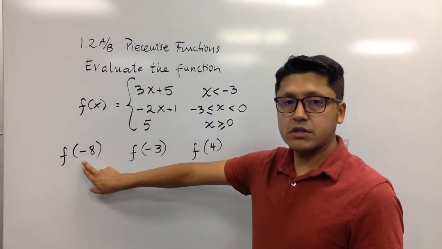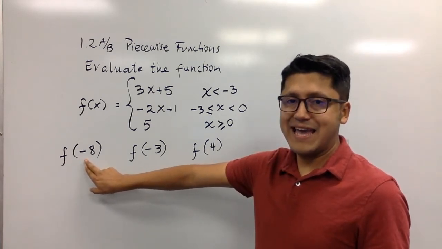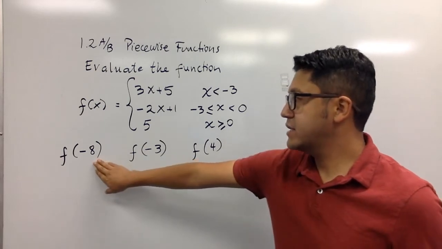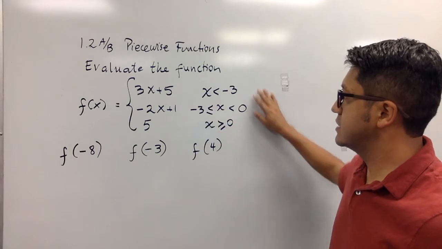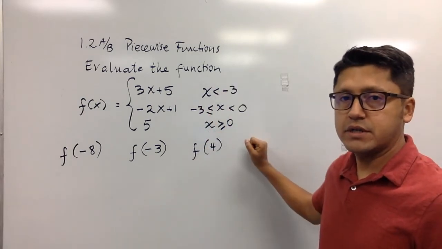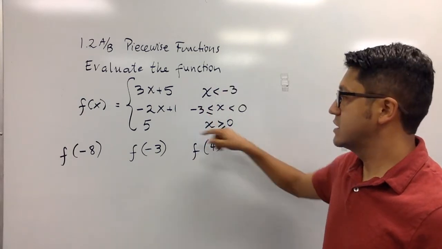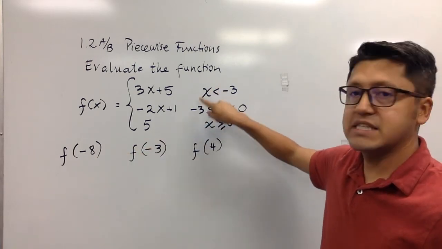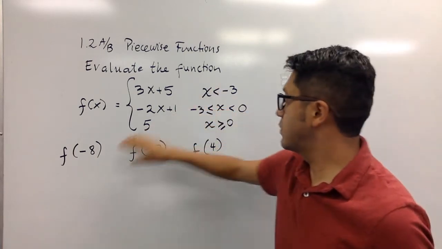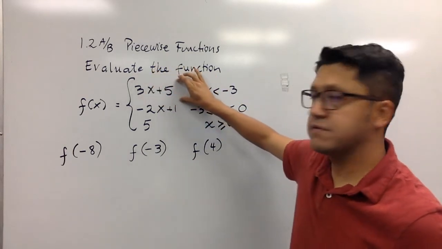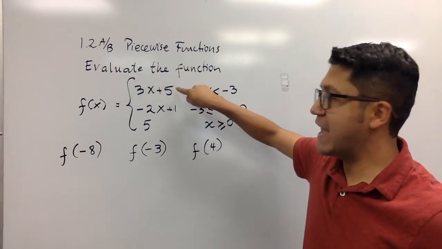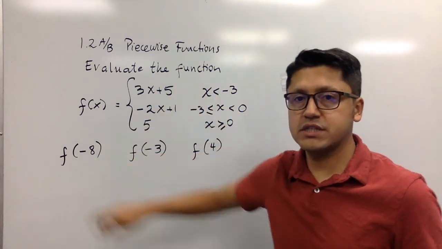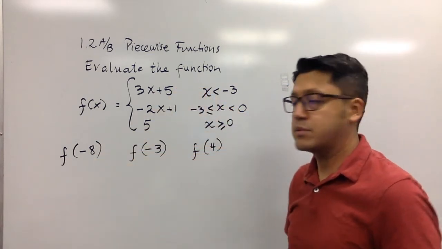If we're going to start evaluating -8 as the input, -8 is somewhere over here. In this case, -8 is a value that is less than -3. So in this case, this x value corresponds to this piece of the function. So I have to evaluate this function if I am using this number.